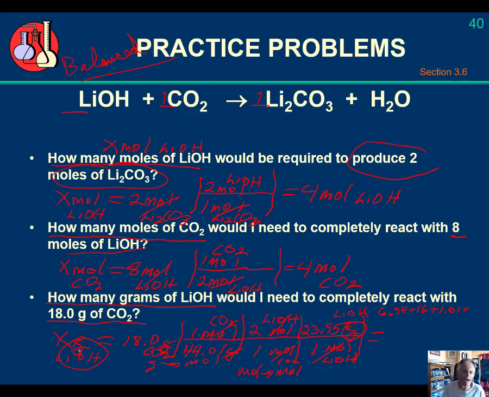So how many sig figs are we going to have? Well, we started with 3. Okay, that's 3 sig figs. And we don't have to worry about the molar masses because we've got 4 sig figs for all those. So that's going to be 18 divided by 44.01 times 2 divided by 1 times 23.95.